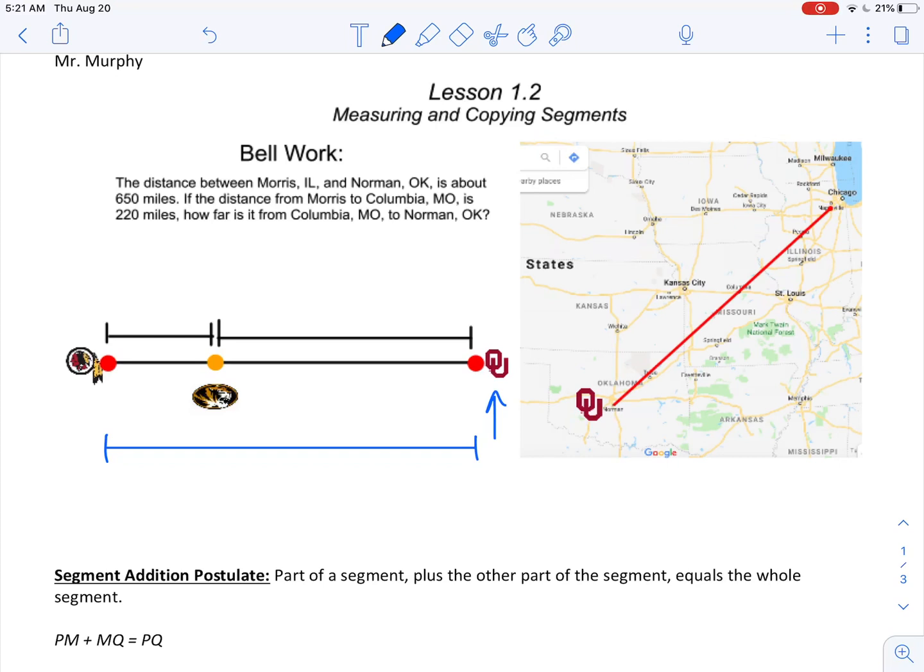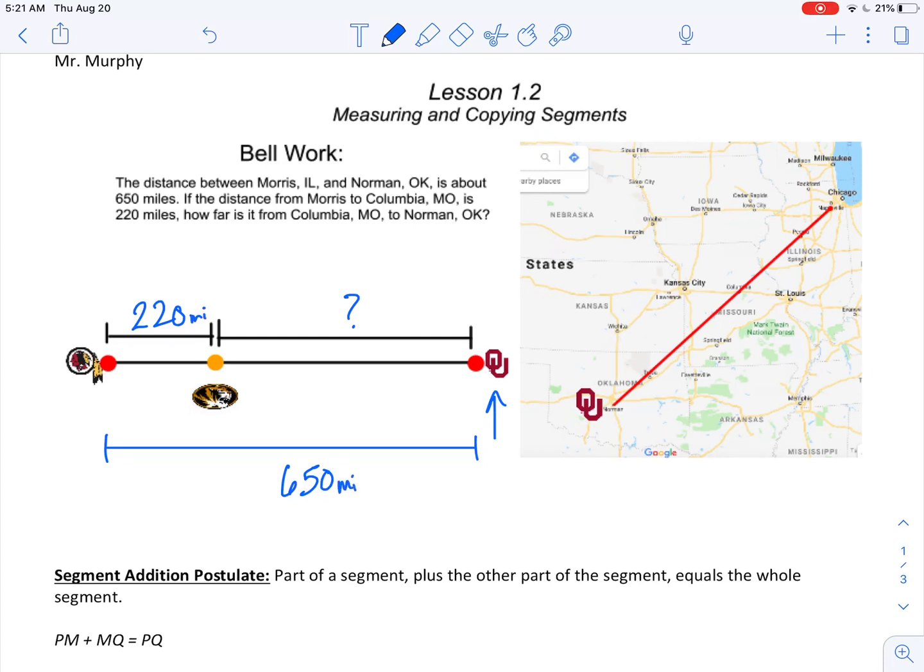And if the distance from Morris to Columbia, Missouri is 220 miles, that's where Mizzou is, then I want to know how far is it from Columbia, Missouri to Norman, Oklahoma. I get my labels in there.